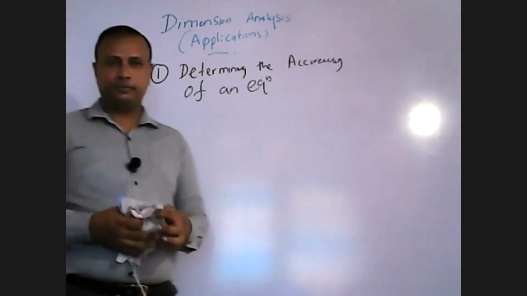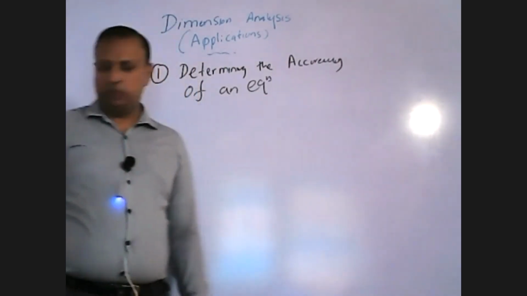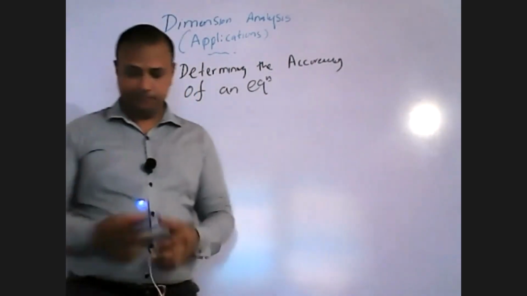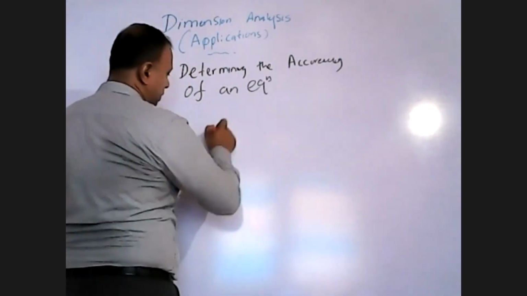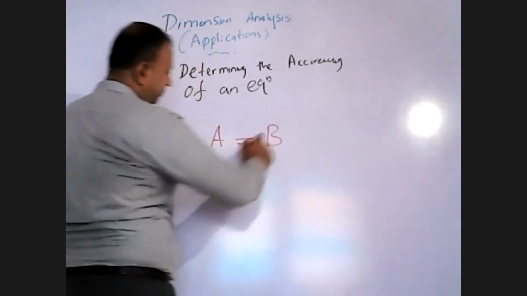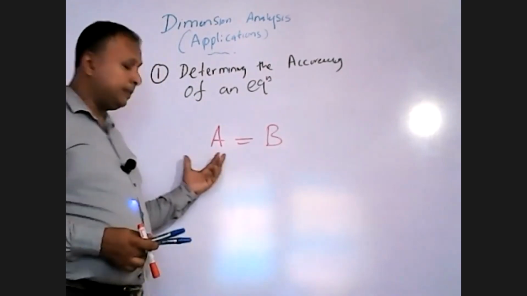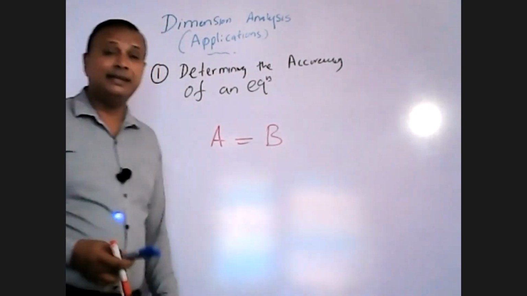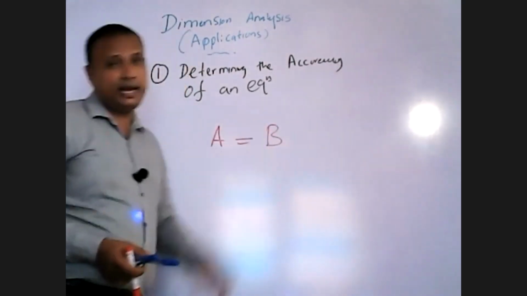Okay. Actually, suppose there's an equation, suppose A equals B. If there is an equation like this, A equals B, that means the left hand side is equal to the right hand side.